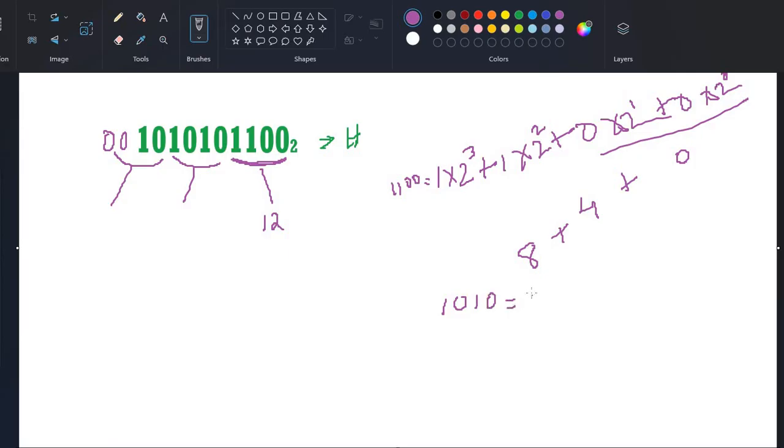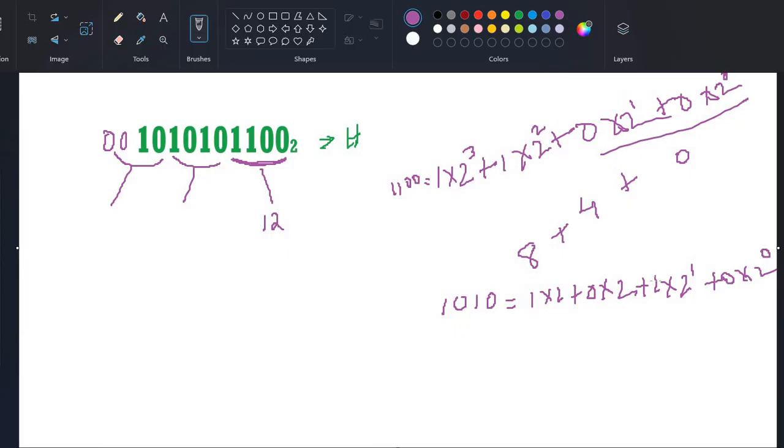So what we will get over here? 1 into 2 plus 0 into 2 plus 1 into 2 plus 0 into 2. It is very difficult to write with this mouse. That is why my handwriting is not very good over here. But I will try to write it properly so that you can understand.